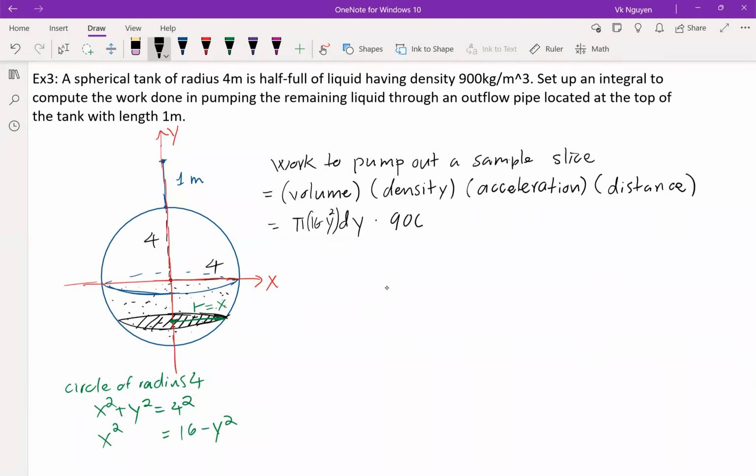Density 900, acceleration 9.8. Here comes the distance. We have to pump it a distance of this one right here, y, and also this distance, which is 5.